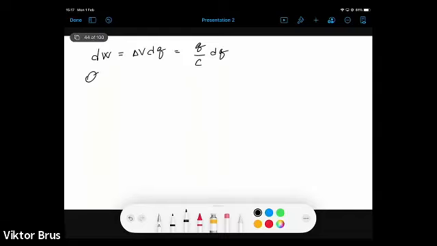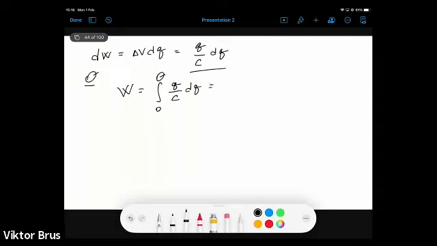And then in order to calculate the work which has to be done for charging such a capacitor, we need to integrate this last equation in the range from 0, let's say if we charge our capacitor from 0 to this charge Q. So total work will be the integral from 0 to Q of q over C dq.